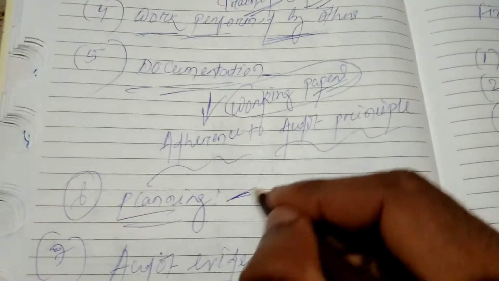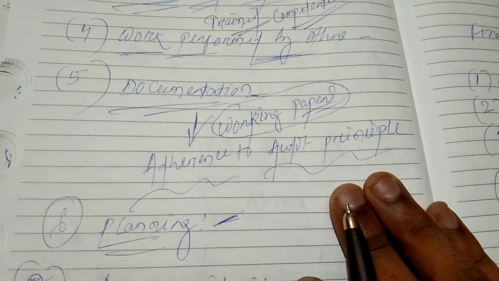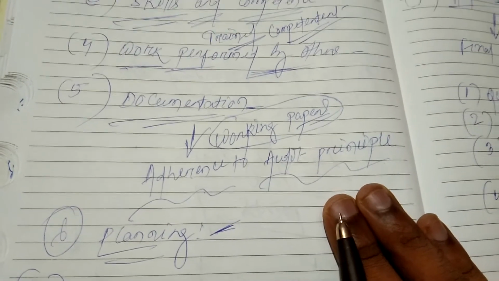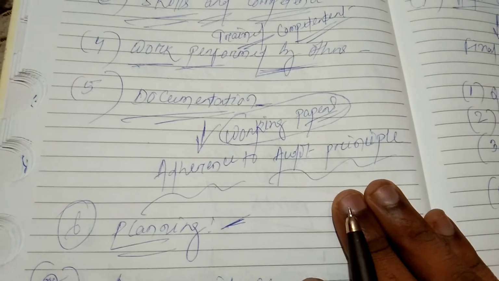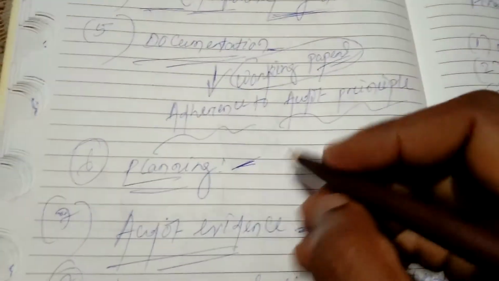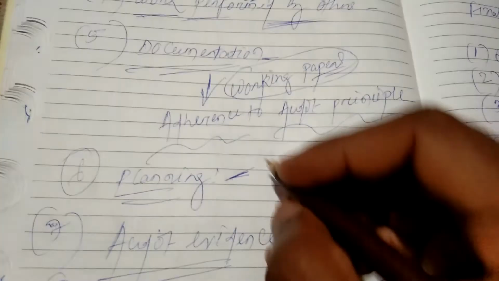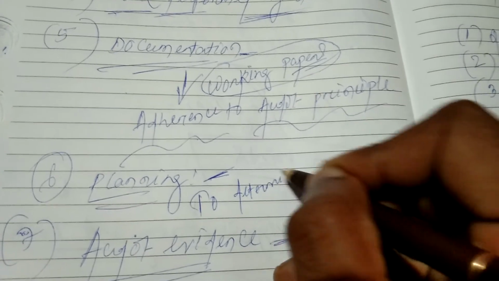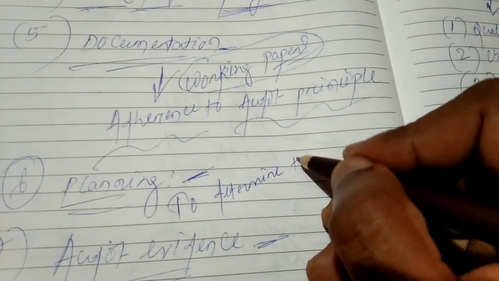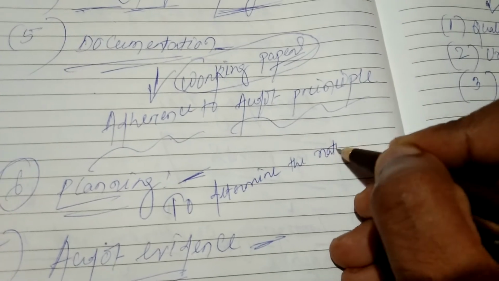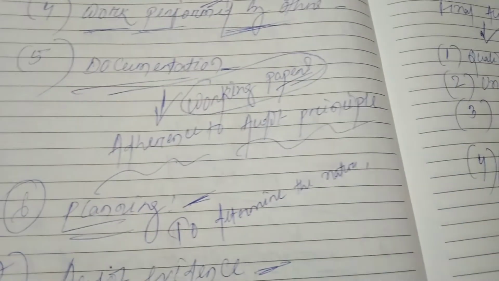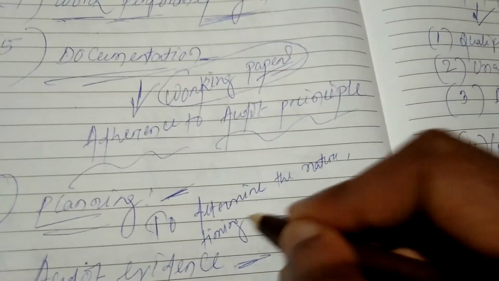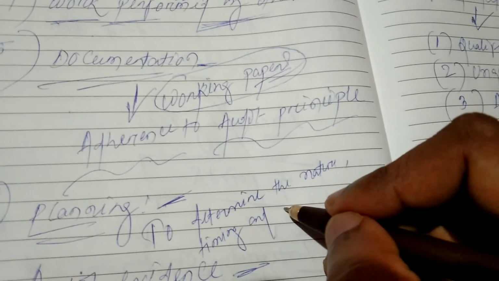Next is planning. Planning means the auditor should obtain knowledge about the assessee's business to determine the nature, timing and extent of the audit procedures.